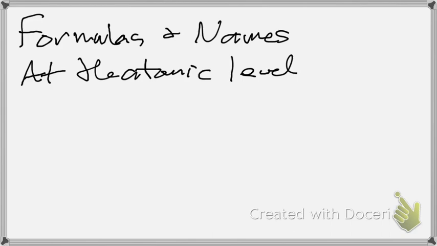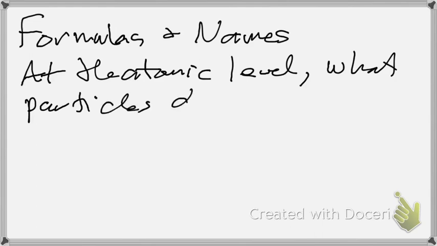So suddenly you are the size of an atom or a molecule. What particles do you see? And what I mean by this is, what independent particles do you see? I see this thing, I see this thing, and I see this thing. They're not attached to each other, and they float around independently.